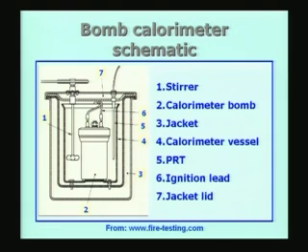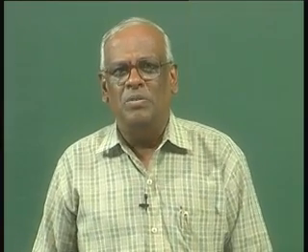Usually a light bulb is also there in series, and when the connection is lost, the illumination will stop, and therefore you know that the melting has taken place. After a few minutes you will see that the temperature starts rising, and then it stops again and becomes more or less constant, just as in the specific heat calorimeter we had.